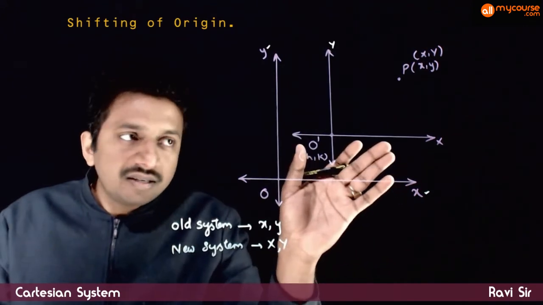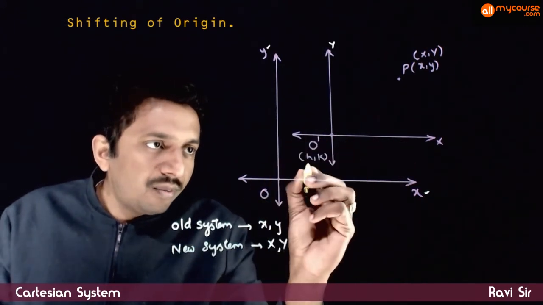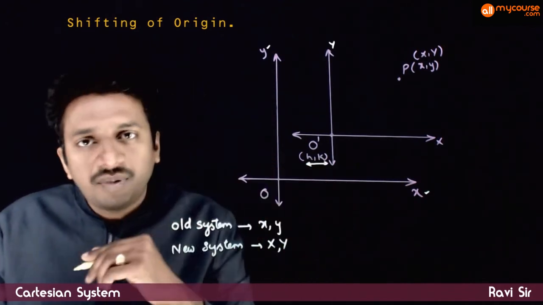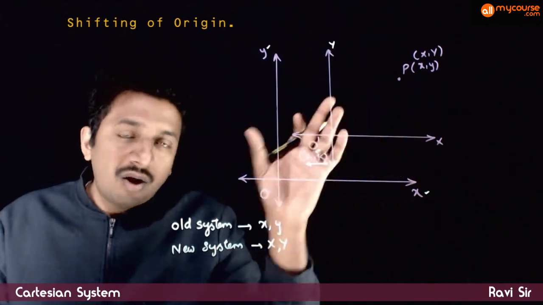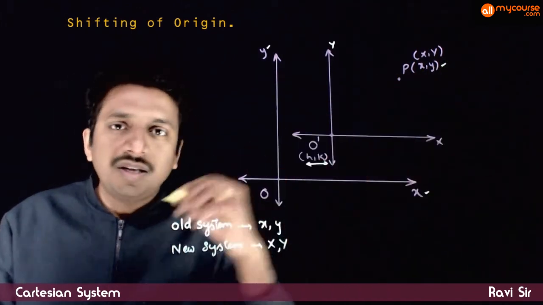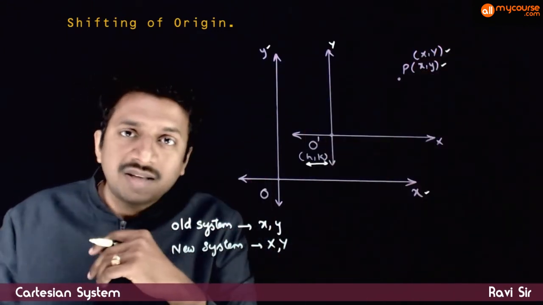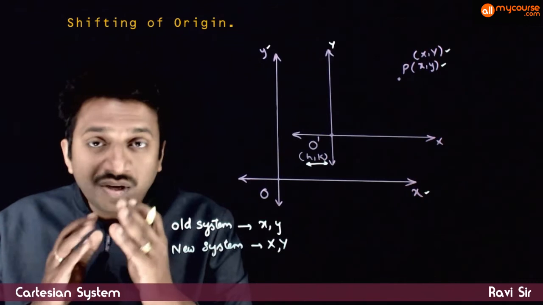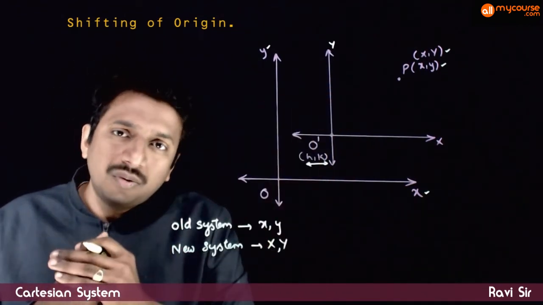So let us say that the origin has been shifted to some point h comma k. Now you have a point on this xy plane. The old coordinates of this point are small x small y and the new coordinates are capital X capital Y. The question is, how are old coordinates related to new coordinates?